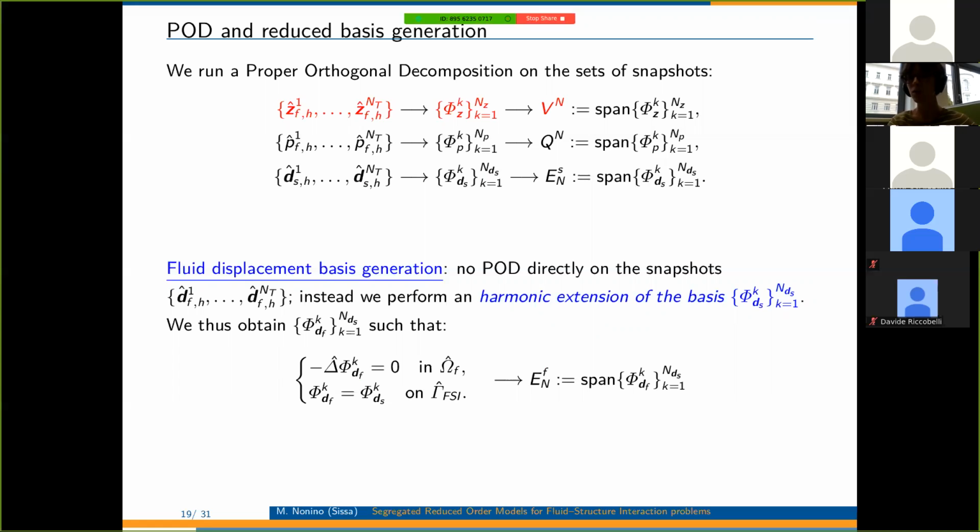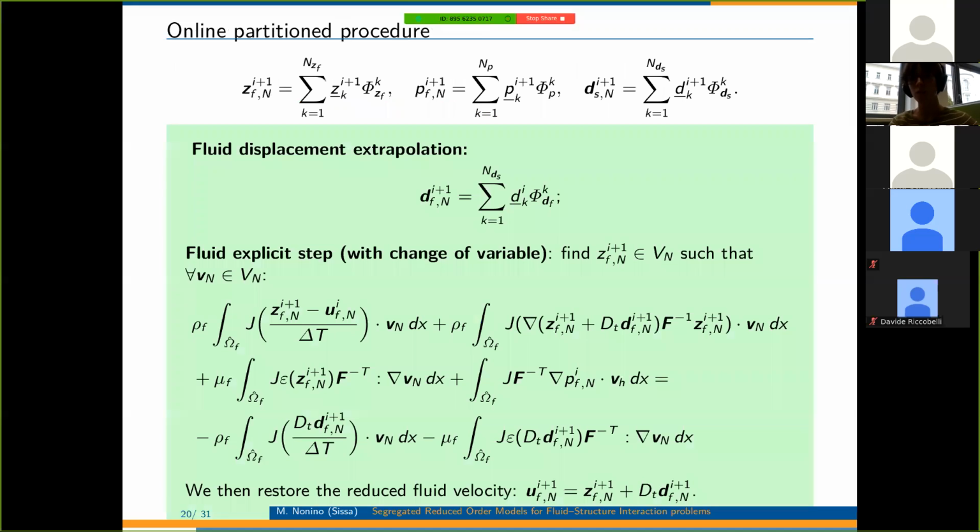So we can also introduce the finite dimensional space for the fluid displacement. We introduce the online variables for zeta, p, and ds. And as you can see, the fluid displacement is defined as a linear combination of the fluid displacement basis functions with coefficients that are the coefficients of the solid displacement at the previous time step.